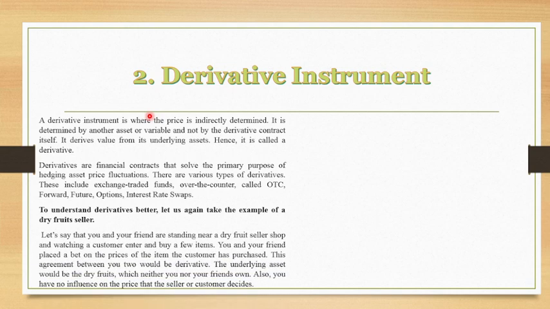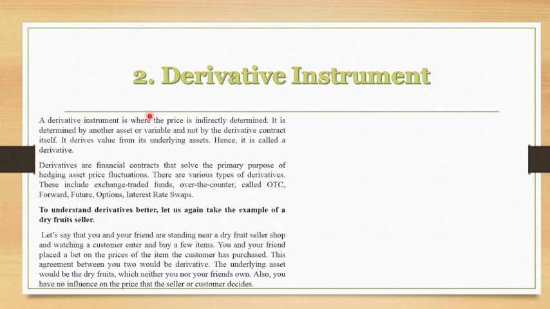Derivatives are financial contracts whose primary purpose is hedging asset price fluctuations. There are various types of derivatives. This includes exchange traded funds, over the counter called OTC, forward, future, options, and interest rate swaps.